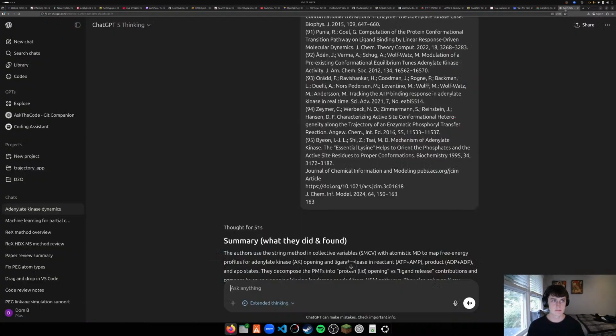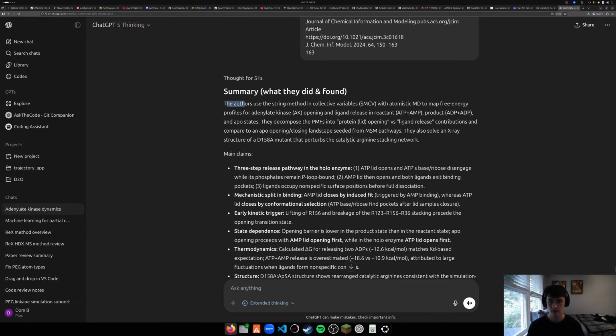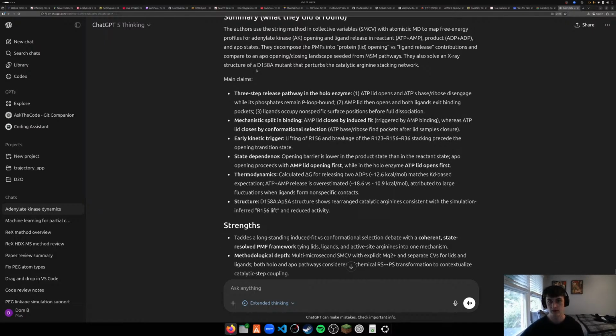Let's see what ChatGPT said. Authors use a string method and collective variables with atomistic MD to map free energy profiles. They decompose the PMFs into protein, lid opening and ligand release contributions. This is all X-ray crystal.